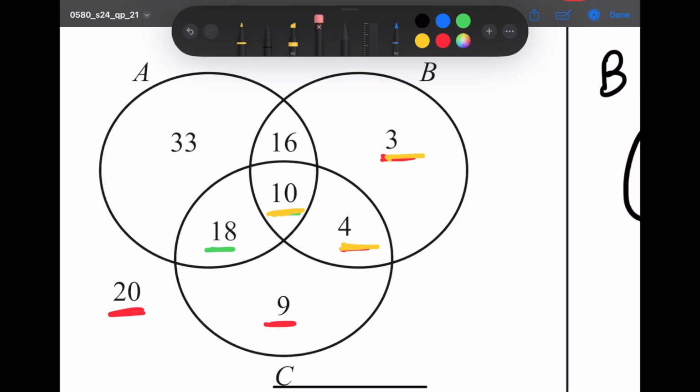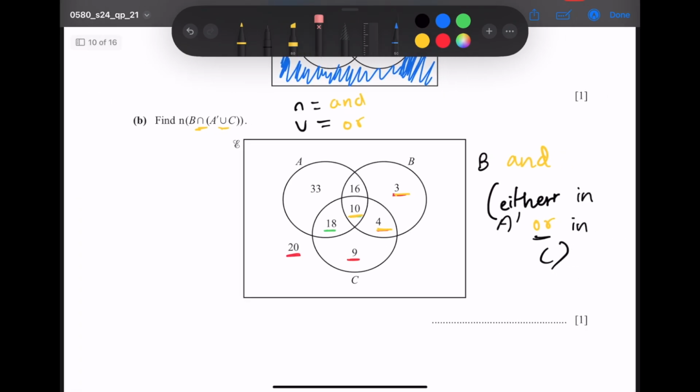These are the only 3 valid elements that satisfy all criteria. The criteria being it's in B and it's either in A prime or in C. So since we have 10, 3, and 4, which are the final selected elements, this is equal to 10 plus 4 plus 3, which is equal to 17. So B is 17.